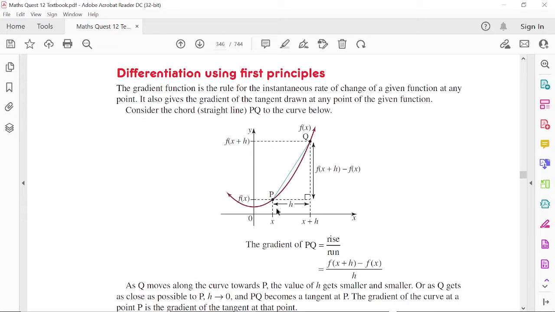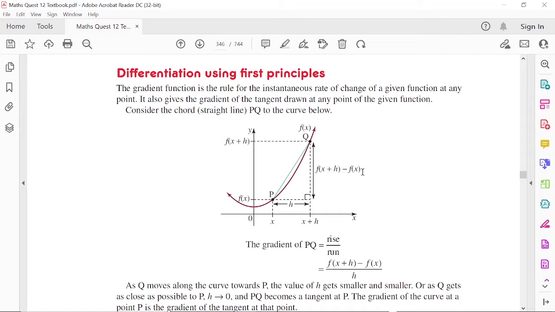And so the gradient, if we were to find the average rate of change between P and Q, then we're just looking at rise over run between those 2 points. So the rise is your vertical distance. So we're subtracting the y value of P from the y value of Q. So that's what this here represents, f of x plus h minus f of x.